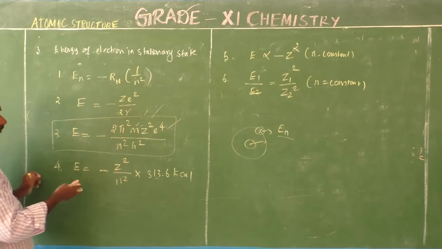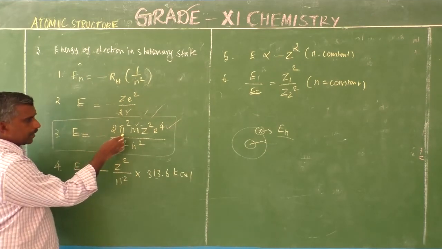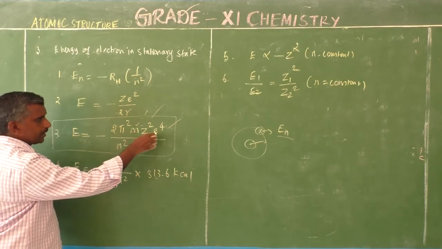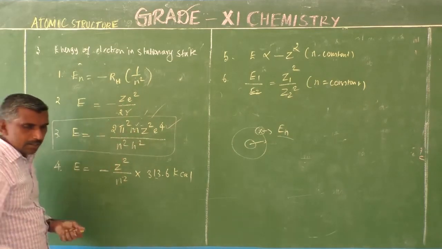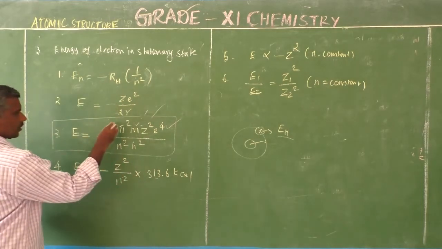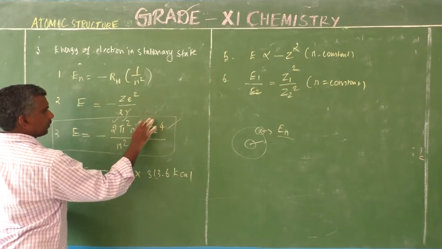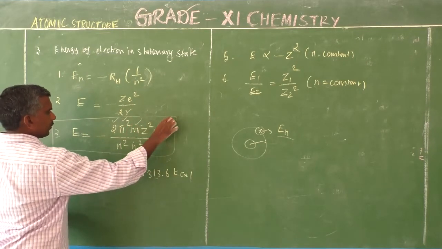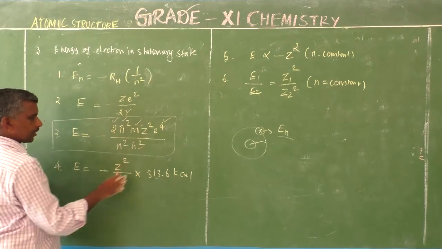Here 2, pi, m, e to the 4, and h squared are constant values and are substituted.